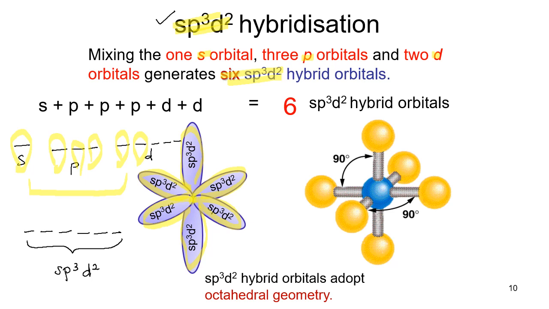And all of them will arrange themselves as far as possible according to this VSEPR theory to minimize the repulsion between the electrons. And they will adopt the geometry of octahedral. And the bond angle will be 90 degrees.